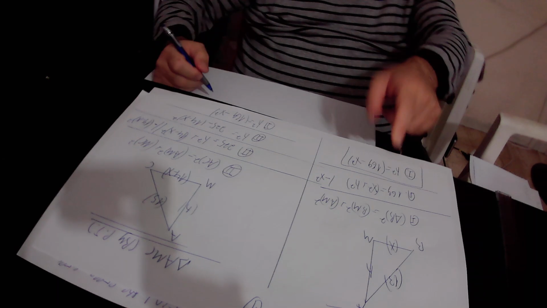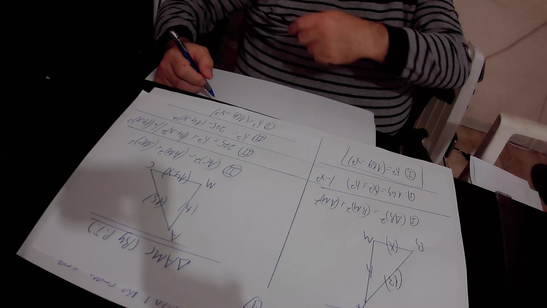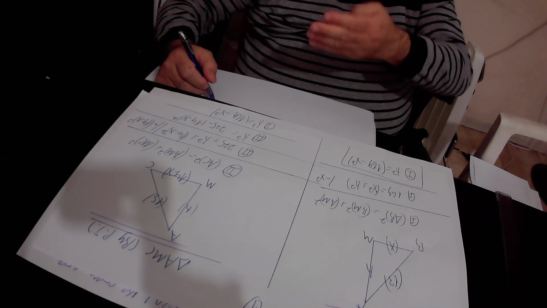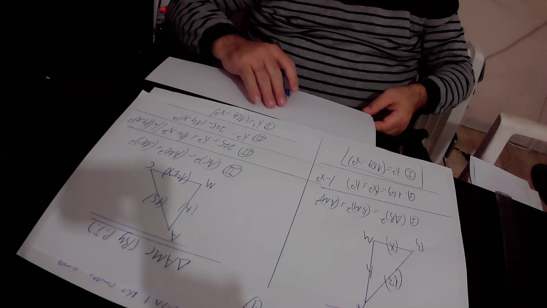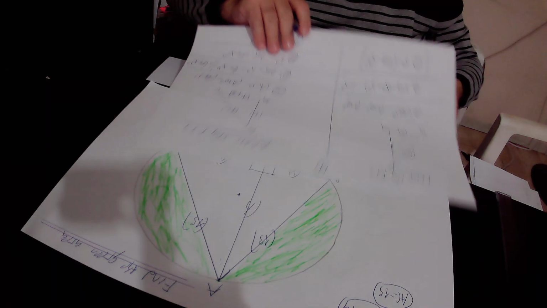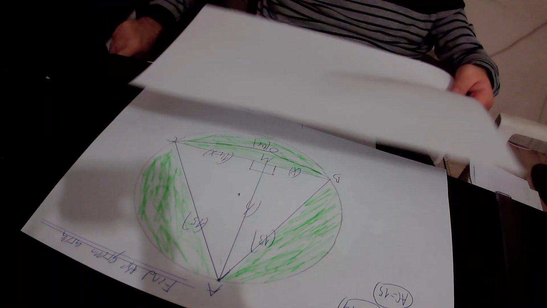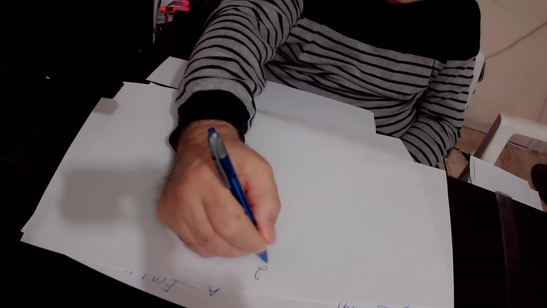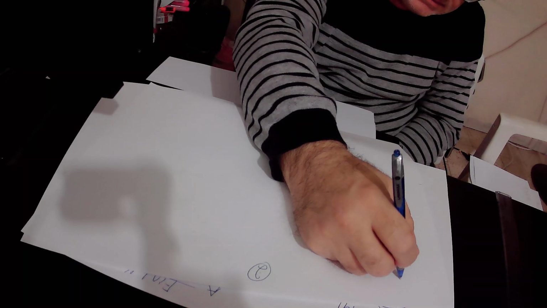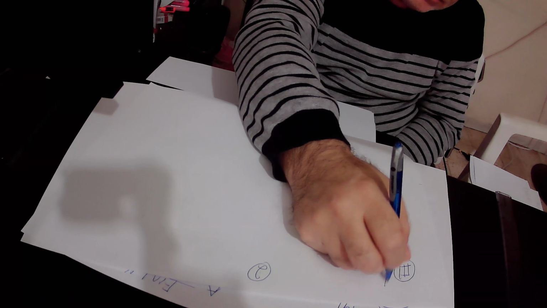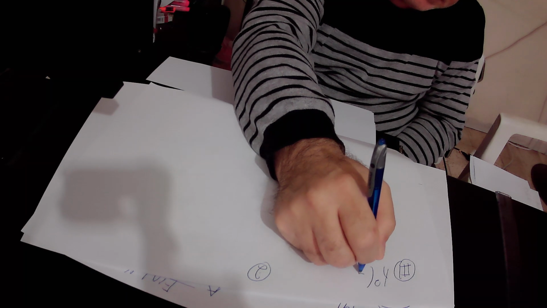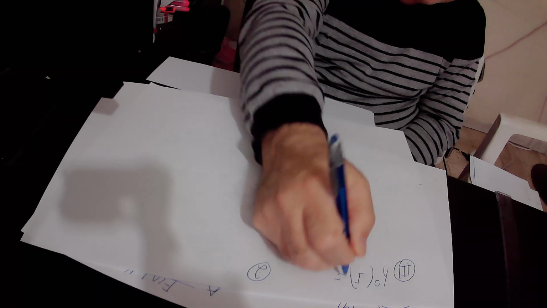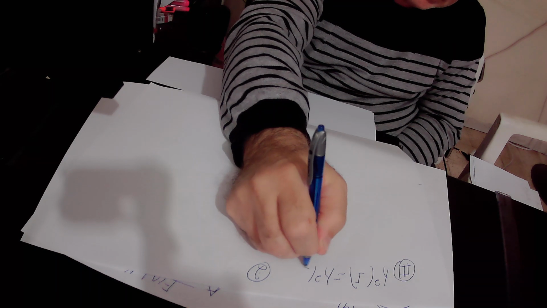So we have two different expressions for h squared. So in the next step, we'll create equation number 3. Equation number 3 states that h squared according to equation number 1 must be equal to h squared according to equation number 2.